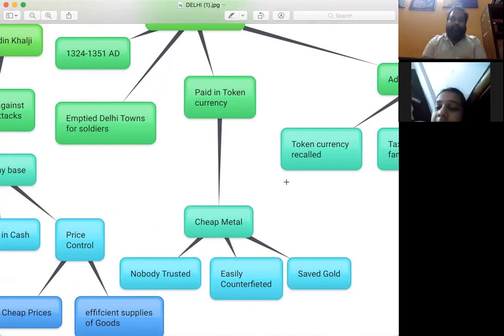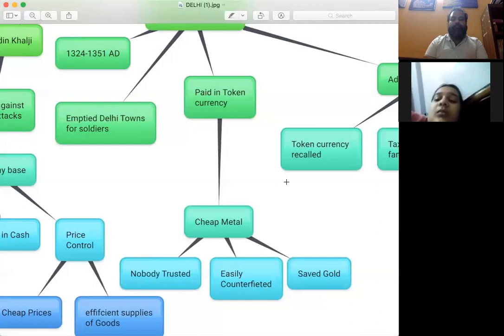The second thing is that anybody could make those coins. They were easily counterfeited. See, nowadays whatever paper money you have, a 100 rupee or 500 rupee note, you cannot make that note in your printer because it is a special type of paper and special type of printing. You cannot counterfeit it. You know the meaning of counterfeiting? Counterfeiting means making a duplicate. You cannot print that with your local skills.